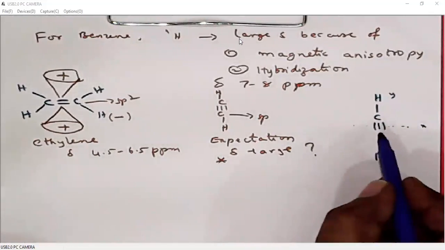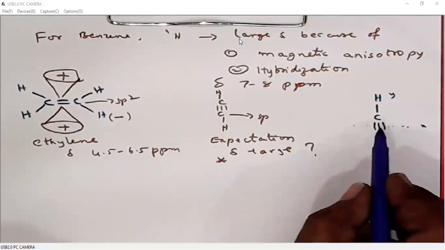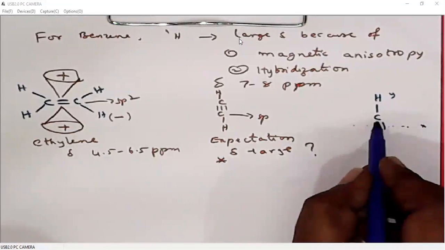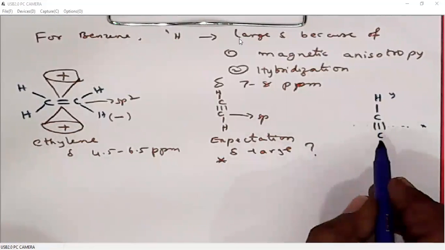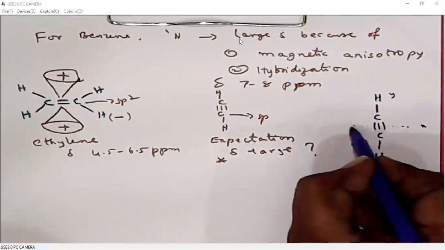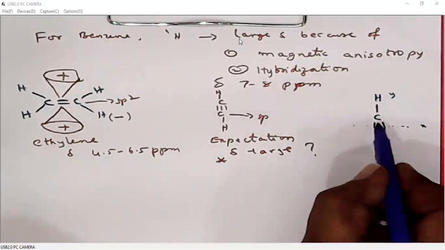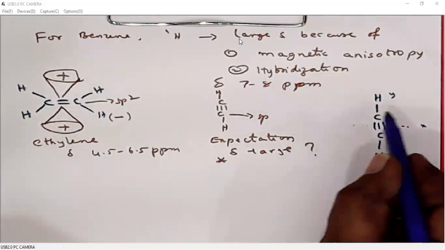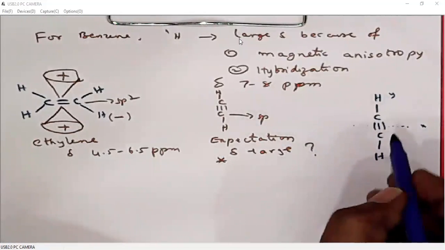That means the pi electrons in an acetylene molecule are surrounding this molecule like a cylinder.